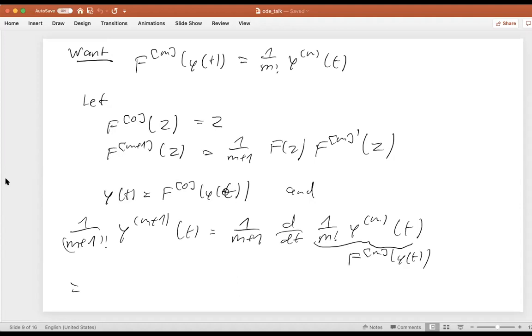And now we compute this by using the chain rule. And then, since we know that y is the solution to this initial value problem, we know that this is exactly f of y of t. So this is what we wanted to have.